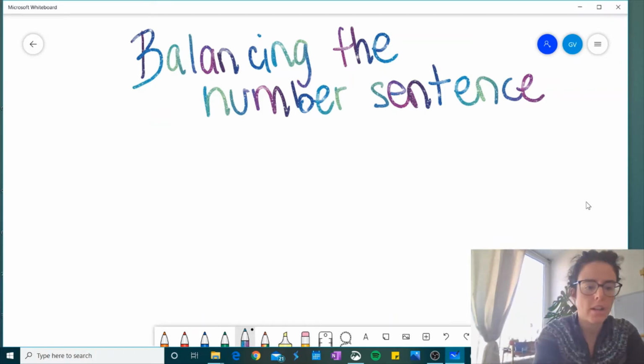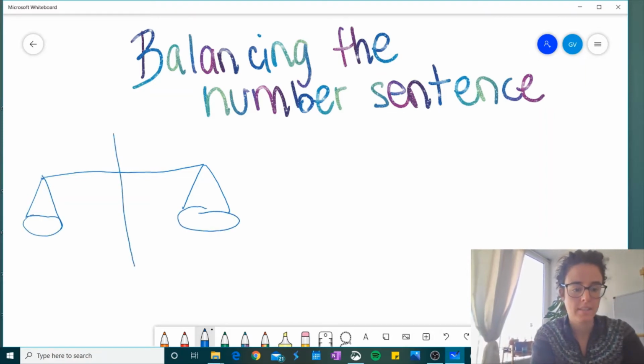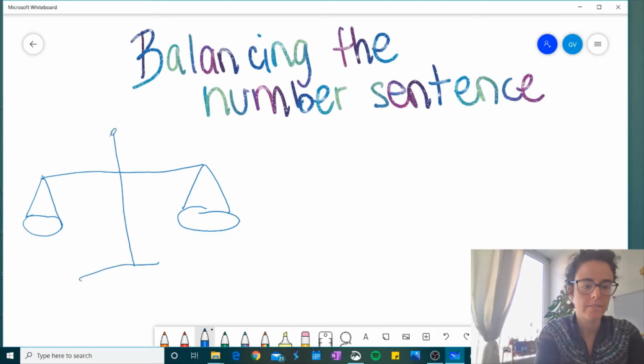Maybe you can imagine, actually, let me use a regular pen to draw this. Hold on. So if you imagine back many years ago, there was a thing called a balance, and it looked like this.